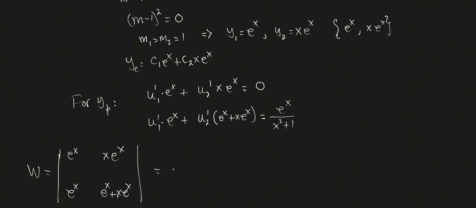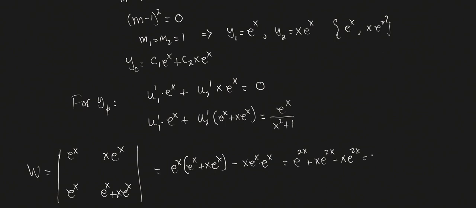So we have to take e to the x and multiply e to the x plus x e to the x, and then minus x e to the x times e to the x. So if we distribute this, what do we end up with? We add those exponents, so we get e to the 2x, and then we'll have x e to the 2x again, but then over here we have minus x e to the 2x.